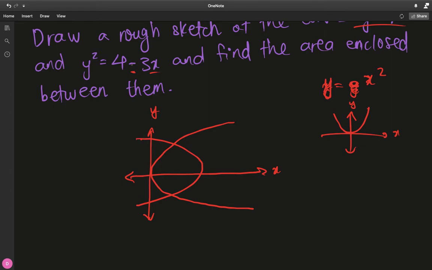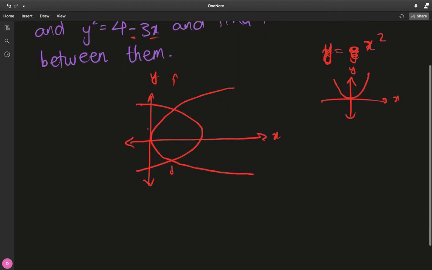But since there is this factor of 3, it's slightly more spread out compared to y squared is equal to x. But in the exam you don't need to specify; the diagram is never to scale when you draw. So this diagram is sufficient.